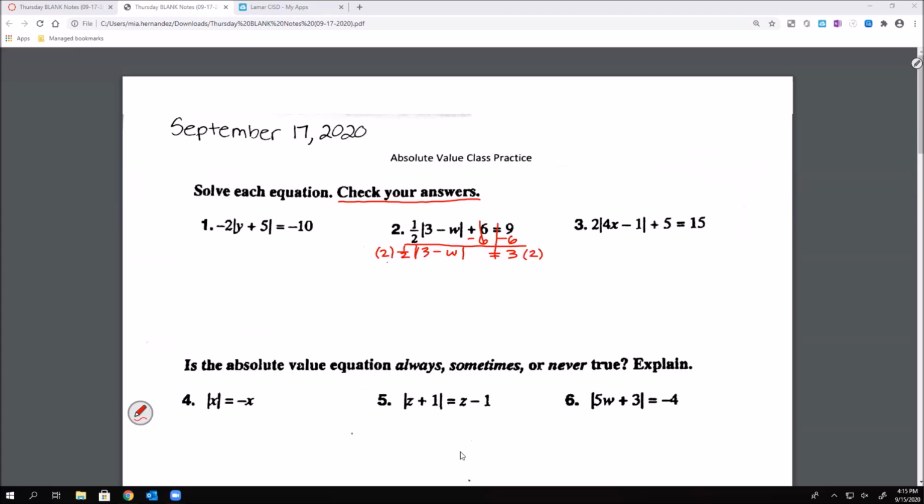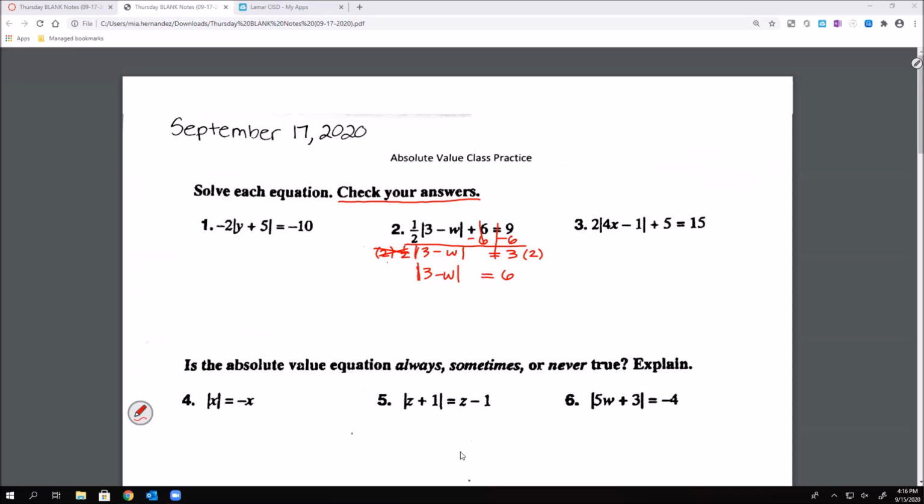Now what this does is it divides out my fraction over here, so that's gone. Just left with that absolute value of 3 minus w equals, my 3 times 2 gets me a positive 6. Okay. So I've got the absolute value by itself. That's the first step. Second step, I end up with 2 equations. Never forget that. 2 equations, 2 solutions. Okay.